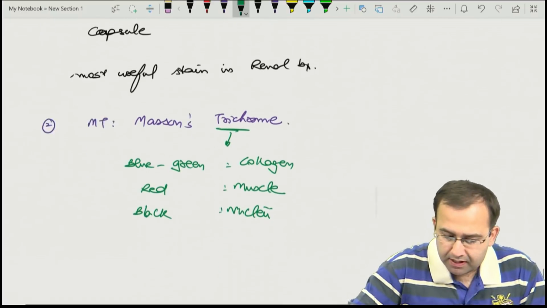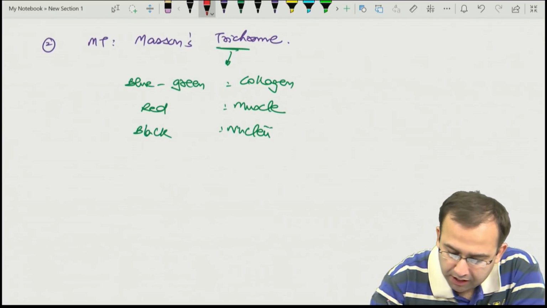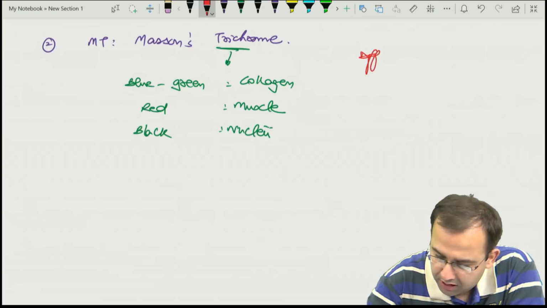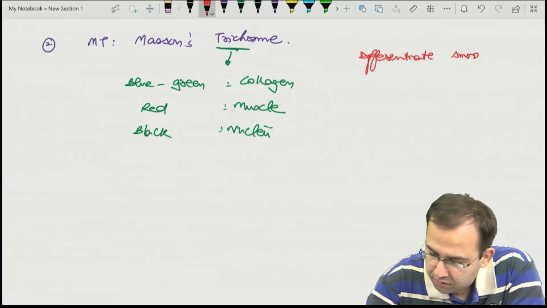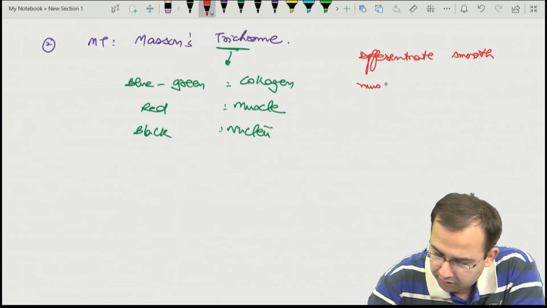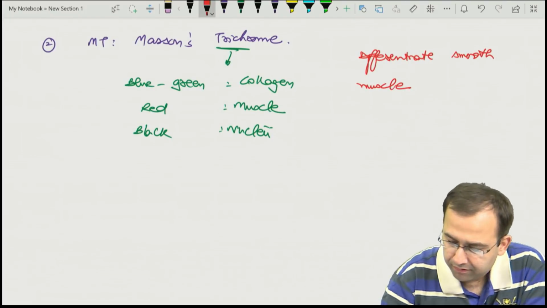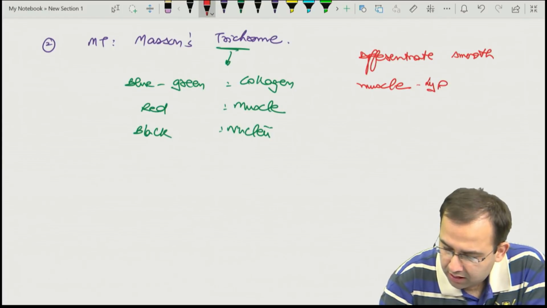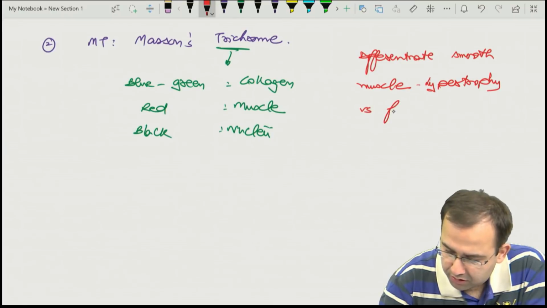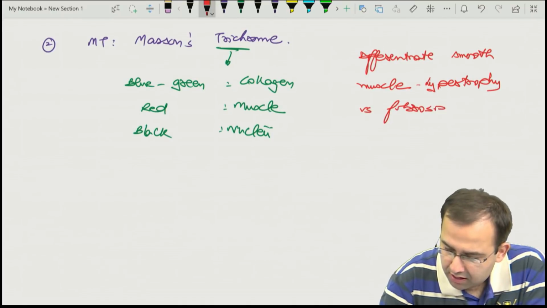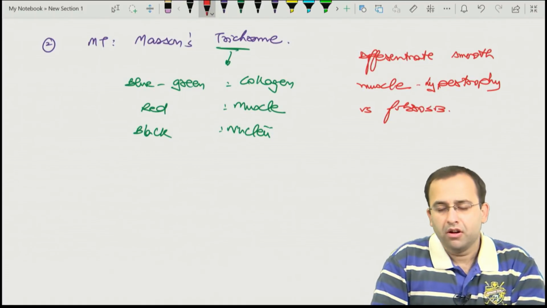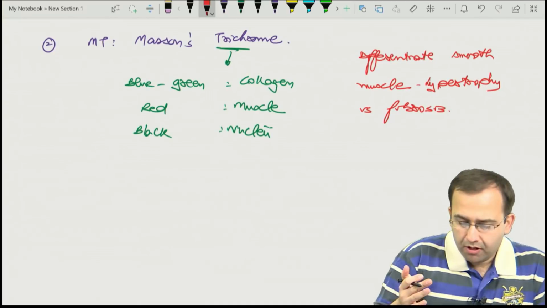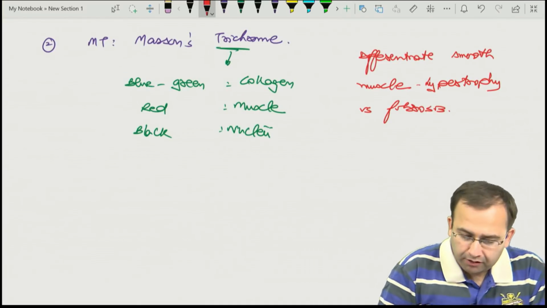MT is used to differentiate smooth muscle hypertrophy from fibrosis. What do we mean by this? Smooth muscle hypertrophy is red in color, fibrosis would be blue-green in color. Why do we need to differentiate between the two? Because on H&E, both look similar.